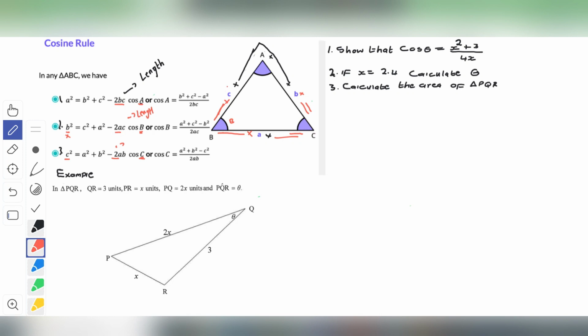Cosine of A, we just derived this formula of A squared is equal to B squared plus C squared minus 2BC cosine of A. It is the same thing, but this one we derive so that it can be easier for us to calculate an angle. So meaning we are going to use this formula whenever we need to calculate an angle.